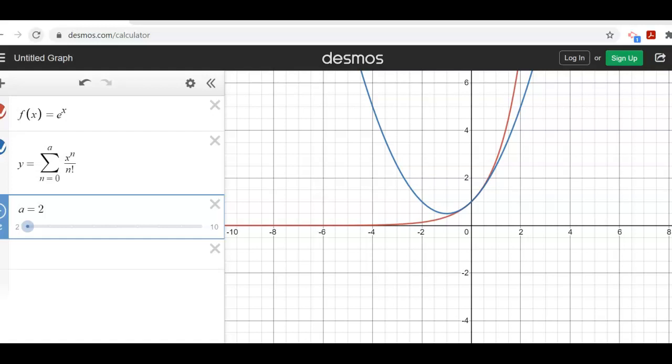Now, as I'm going to set this to increase from 2 to 10, let's see what happens. Okay, so you can see that it's flipping on the negative side. Now it's going back and forth, but as the number of terms increases, the blue graph approaches exactly the red graph for much of it. Certainly for anything sort of greater than -3 there. Okay, so it's a great approximation.